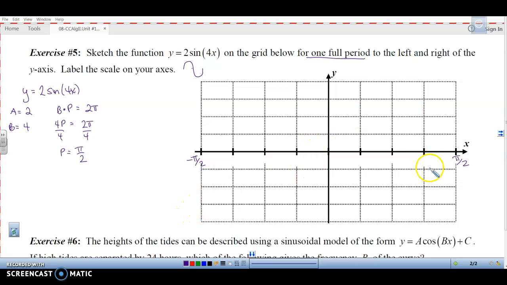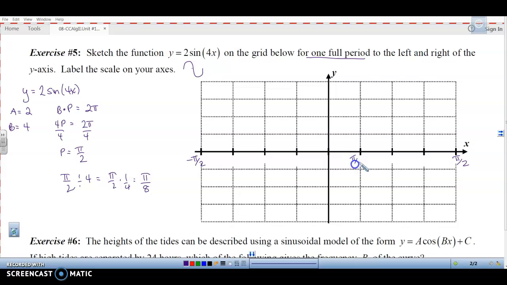Okay, so if I want to do one full cycle, what does that mean for each of these sections? Well, each section is going to be divided into 4, because remember, these are quadrantal angles. You're going to do each quadrant. So if I take pi over 2 divided by 4, that gives me pi over 2 times a fourth, which is pi over 8. That means each of these sections is going to be pi over 8.